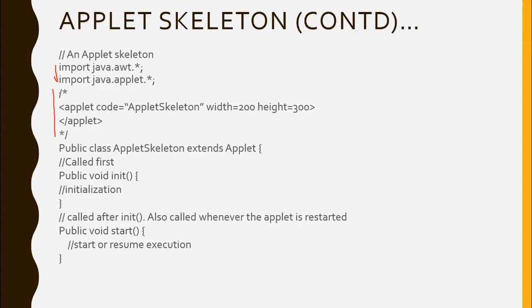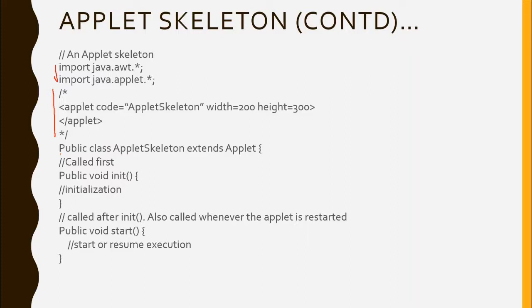That's all it says. That's the reason it is commented out. Now, public class AppletSkeleton: since it is a PowerPoint, the first letter is shown as a capital, but in reality it is a small p.